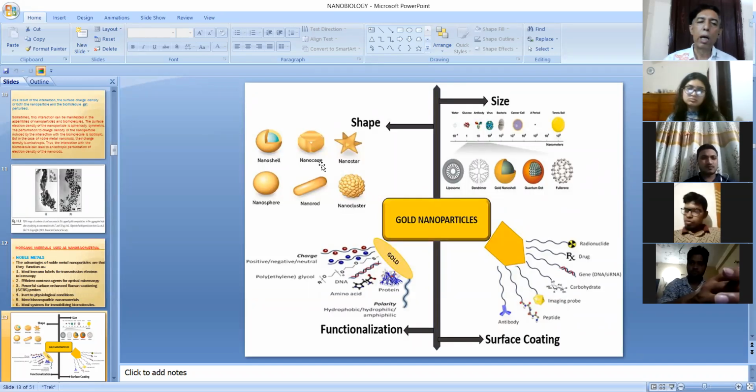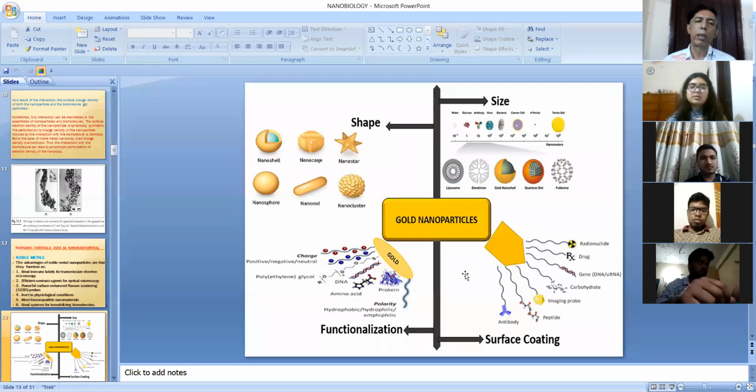And you see here, this gold material can attach with different biomolecules to form a gold nanobiomolecule.